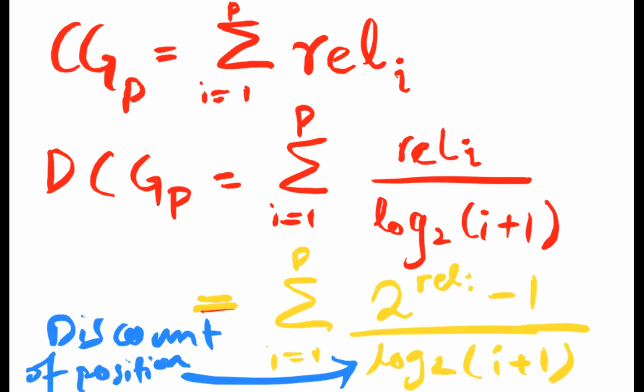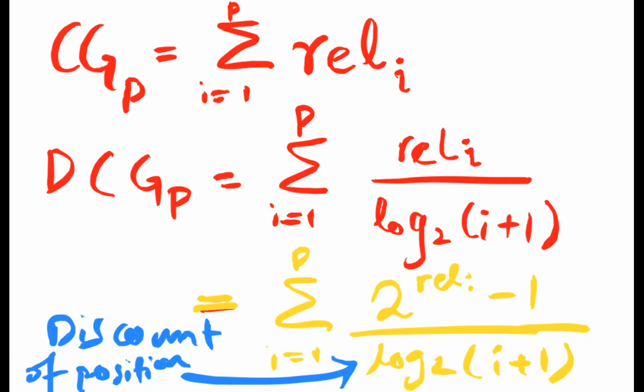In other words, if you have the relevant items in the top positions, the metric would be high. If the relevant items appear at higher i's, then the value of the gain would be very low.